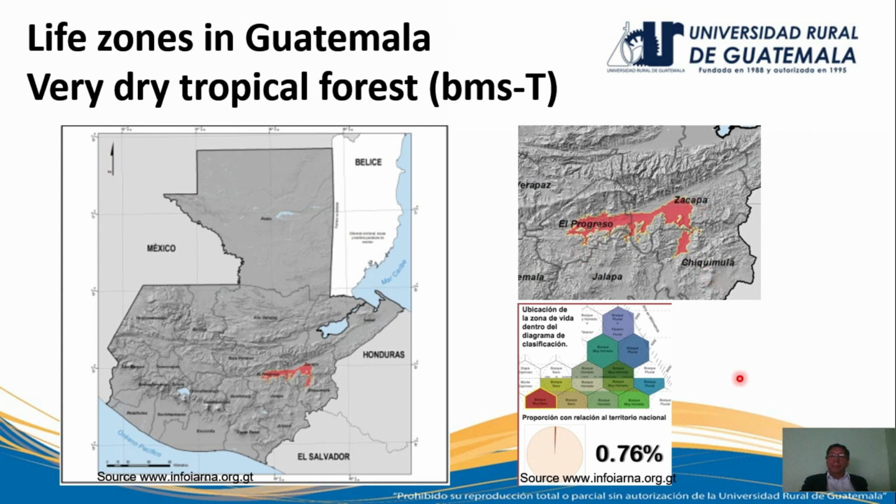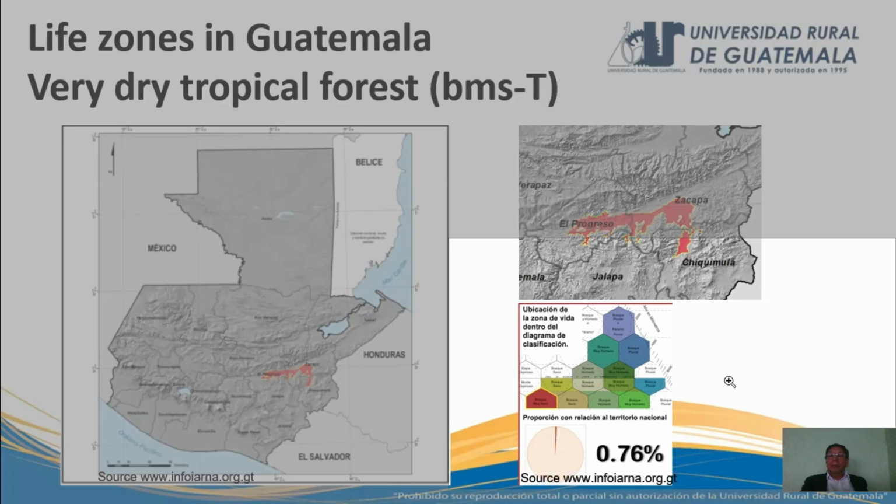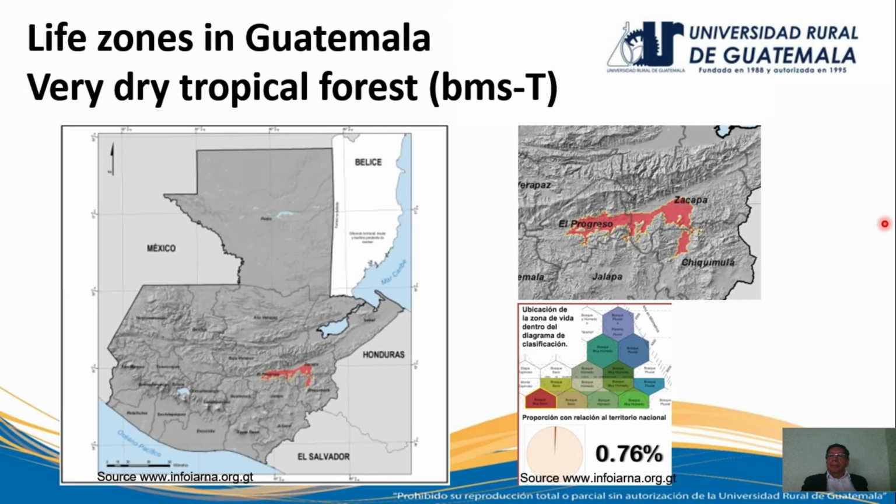We also see at the bottom here that the Holdridge model locates this small life zone in the red color, and it occupies about 0.076% of the national territory of Guatemala. Now let's continue.